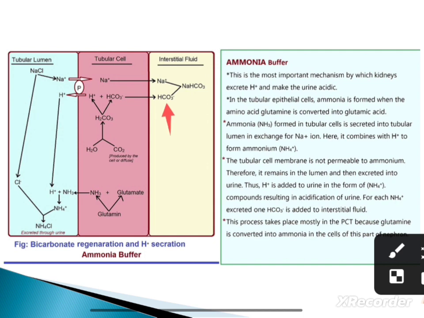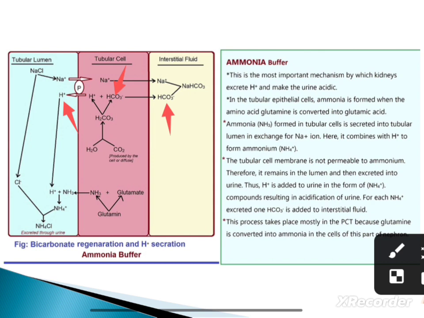Yes, students, this is the pathway where bicarbonate regeneration occurs, not reabsorption. Here, water and carbon dioxide combine to form carbonic acid, which dissociates into hydrogen and bicarbonate. So here regeneration of bicarbonate happens, and again look, here is the secretion of hydrogen ion. This hydrogen ion passes through urine.